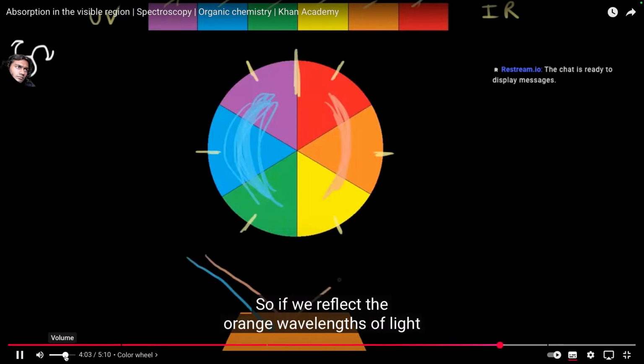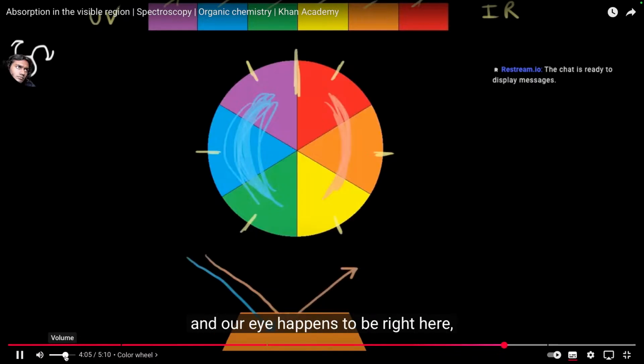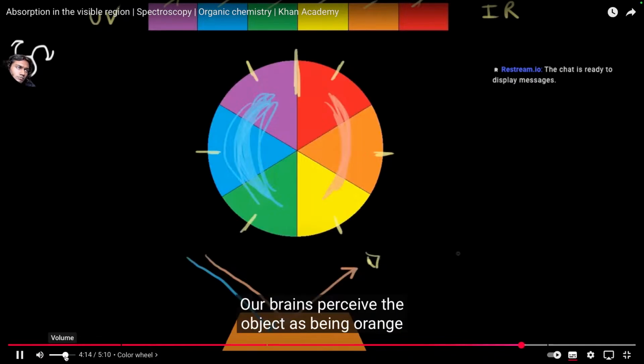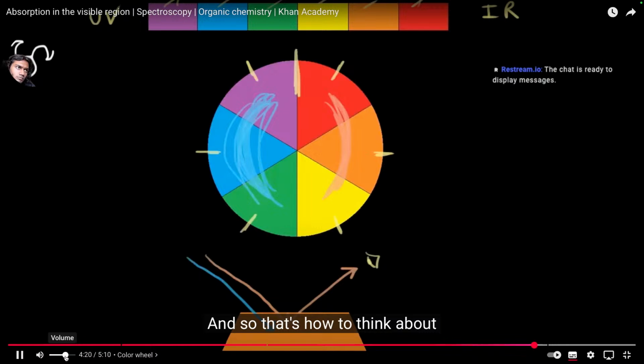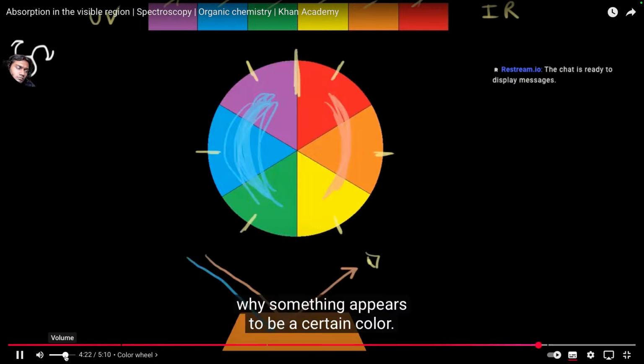And if we reflect the orange wavelengths of light, and our eye happens to be right here, we see the object as being orange. Our brains perceive the object as being orange because we are seeing the reflected orange light. And so that's how to think about why something appears to be a certain color.